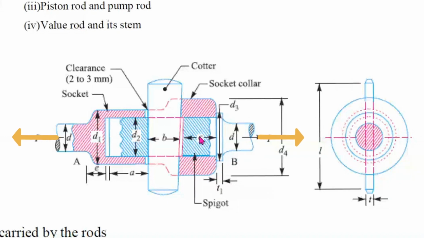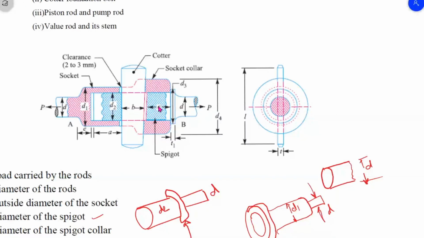It means the spigot is pulled in both directions, towards the rod of the spigot and towards the rod of the socket. So the spigot is also in tension. Also, the socket. What about the socket?